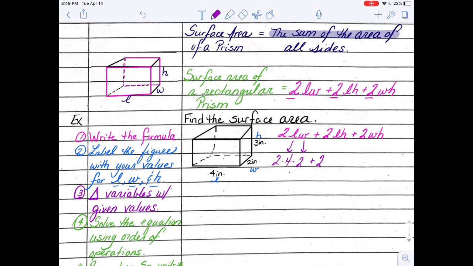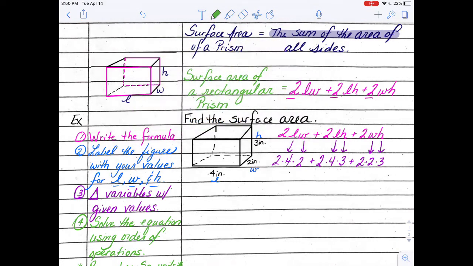Plus 2, again, length is 4, and now the height of that figure is 3. Plus 2 times width is 2, and that height is 3.